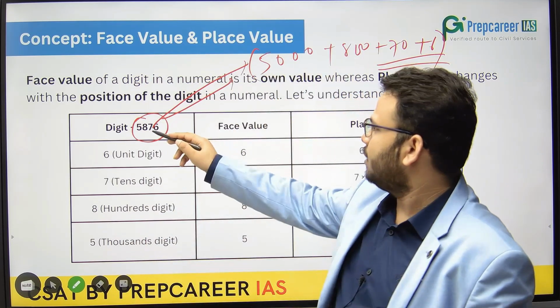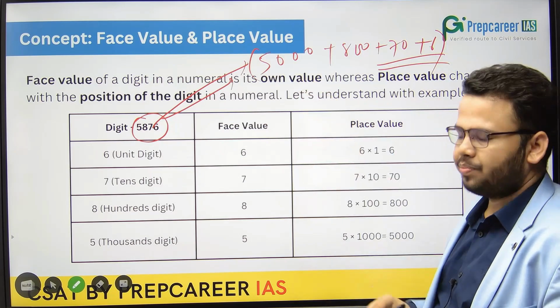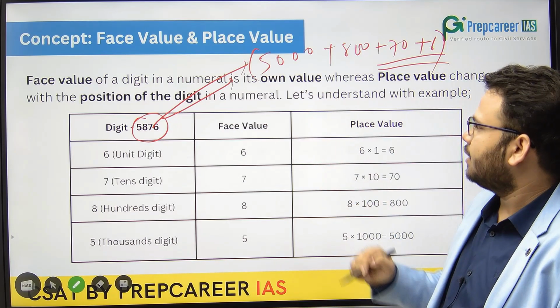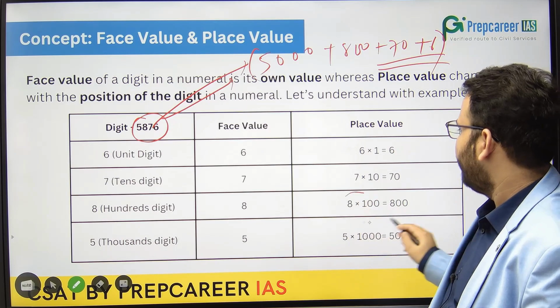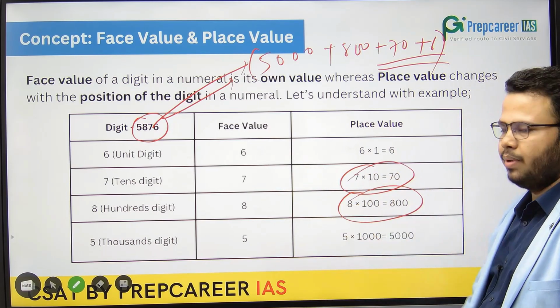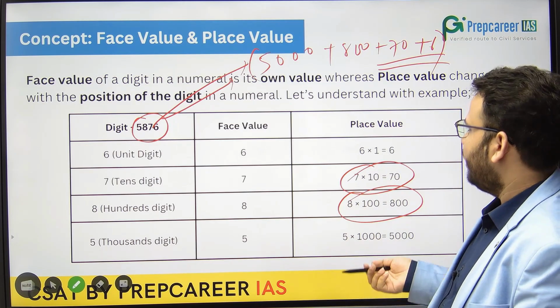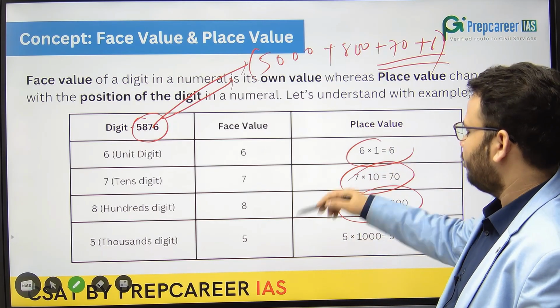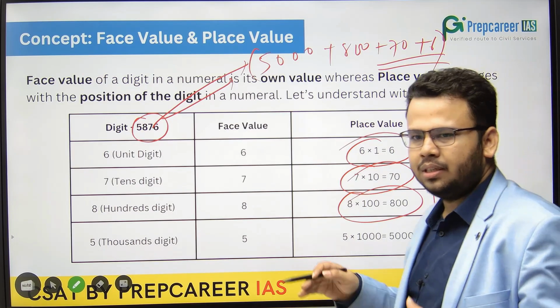So 5 is at the 1000 place, we multiply 5 by 1000. 8 is at the 100 place, we multiply 8 by 100. 7 is at the tens place, we multiply 7 by 10. Then 6 is at the unit place, we multiply 6 by 1. And this is how we have got this number.